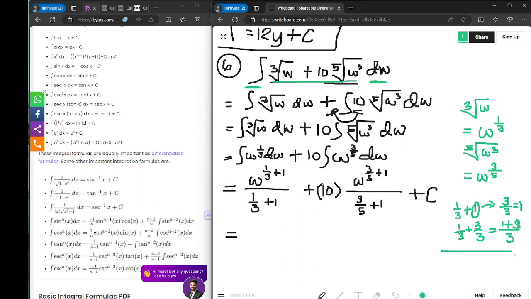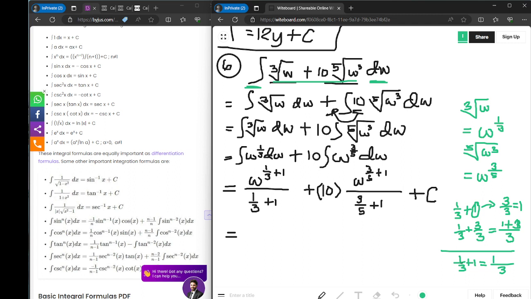Another way, in finding the greatest common denominator, is that since this is a whole number, we'll just copy the denominator of the term that has fractions. That would be 3.